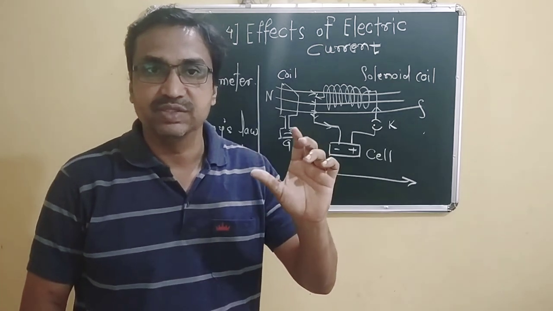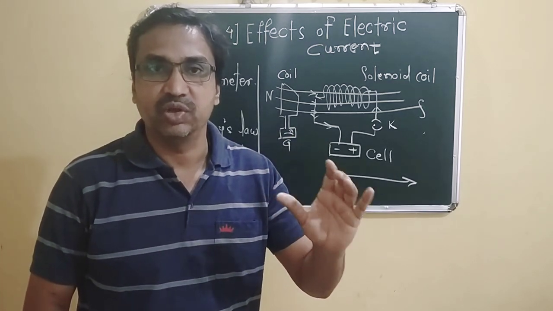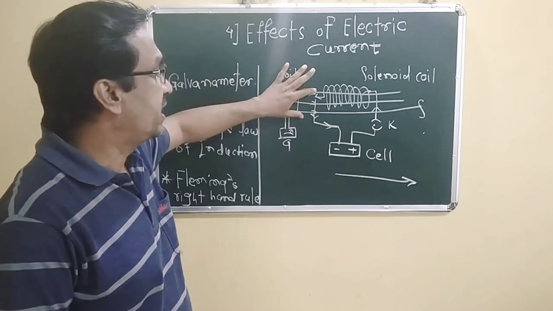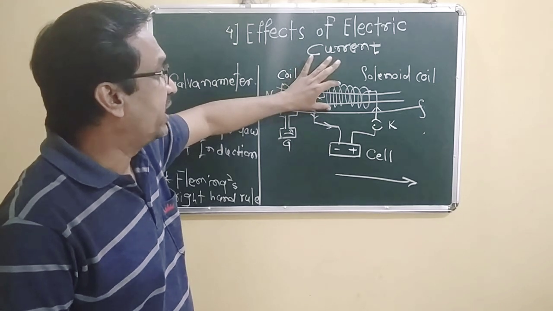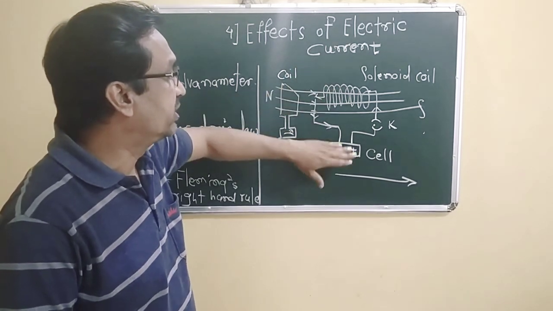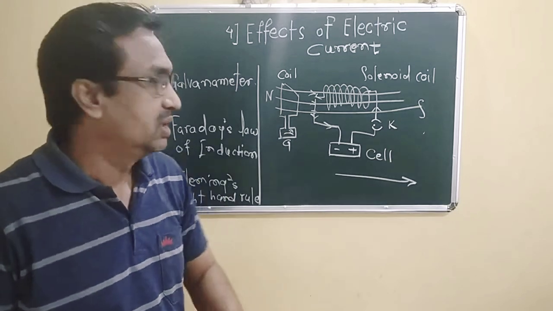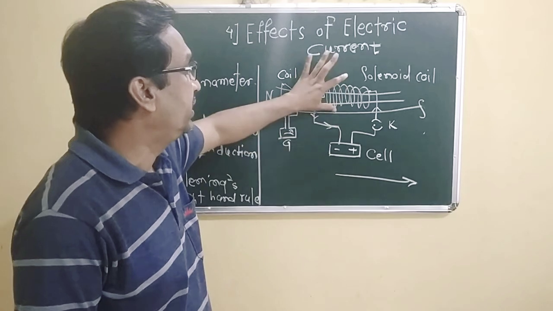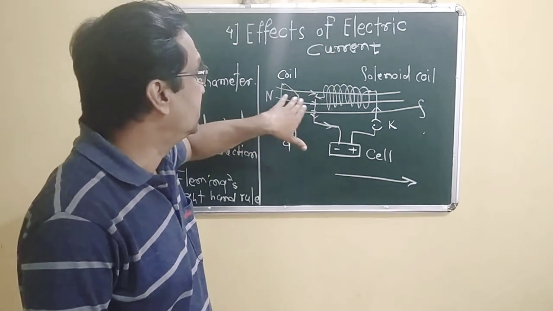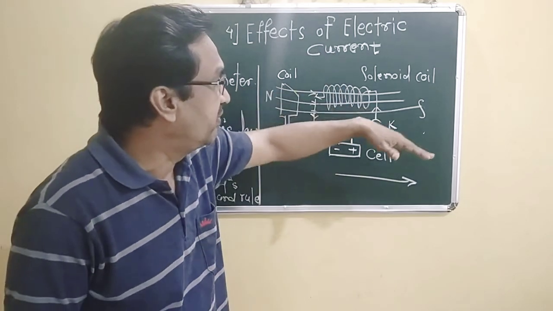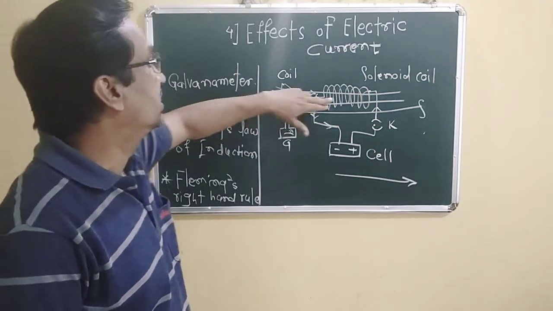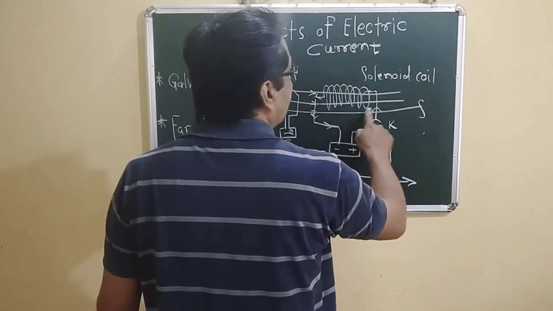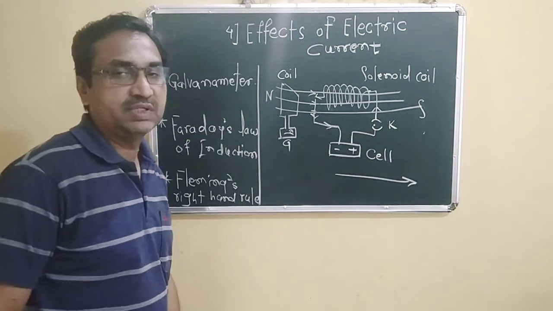Due to the displacement of the solenoid coil, the magnetic field around the solenoid coil, which is due to the electric current, changes. Due to the cell, an electric current flows through it, and in its surroundings we can see the direction of the magnetic field. The direction of current is such that the magnetic lines are like that. So what happens there?